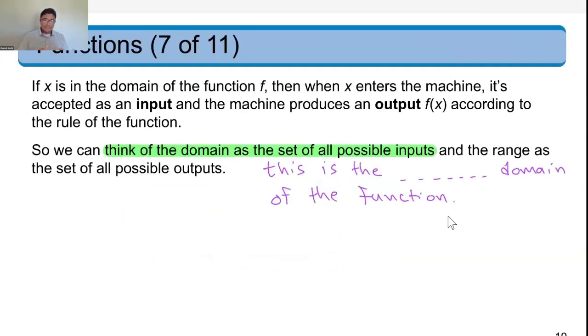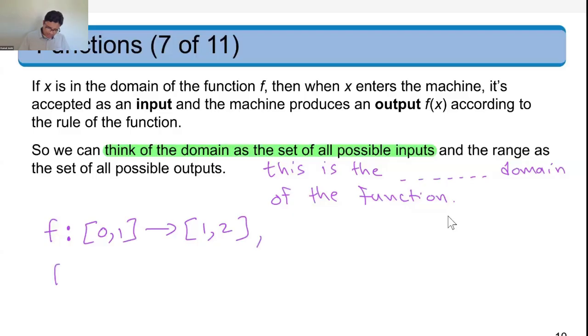So we talked about the domain earlier, right? Sometimes you will be given a function with a specified domain, like this, we write f colon, and this colon will be read as from. A function f from [0, 1] to, let's say, [1, 2]. Okay, so the input is the numbers between 0 and 1. The output is the numbers between 1 and 2.